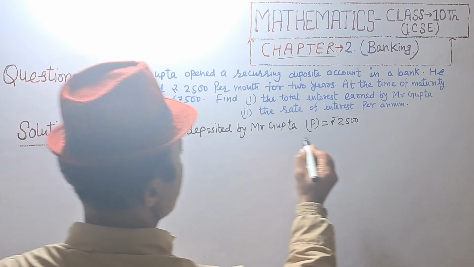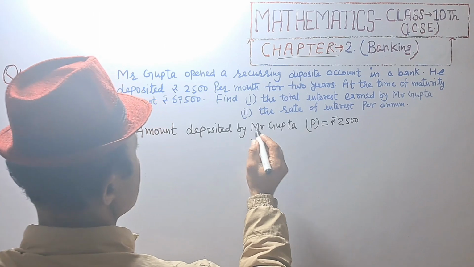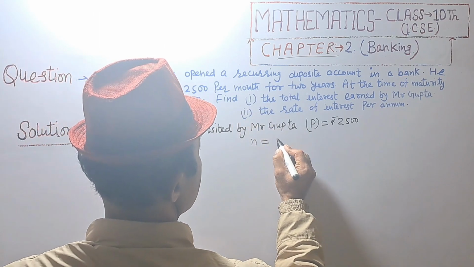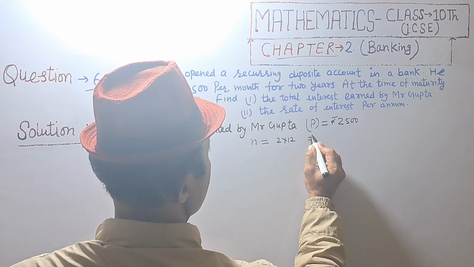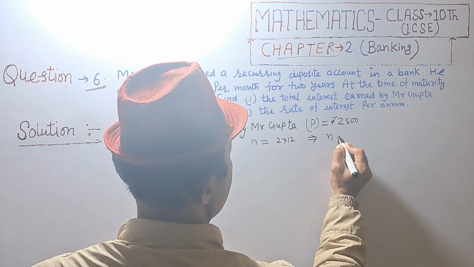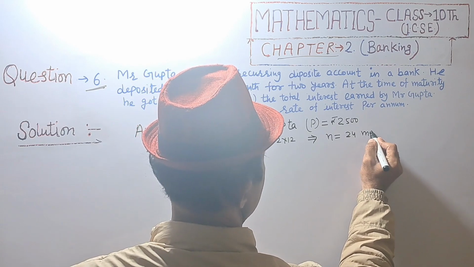N is equal to 2 years, 2 into 12, which implies N is equal to 24 months.